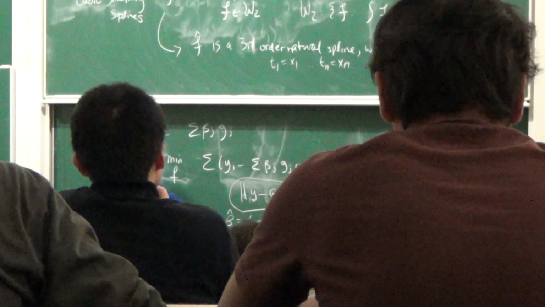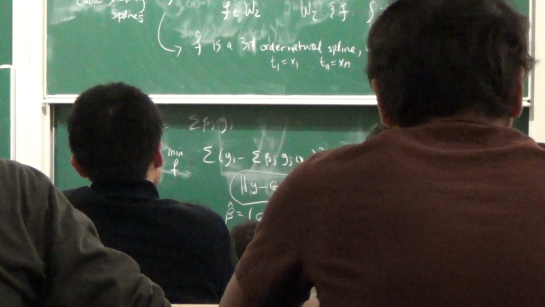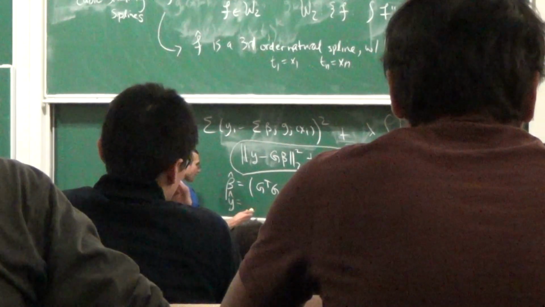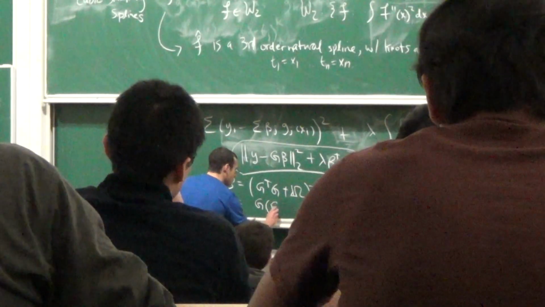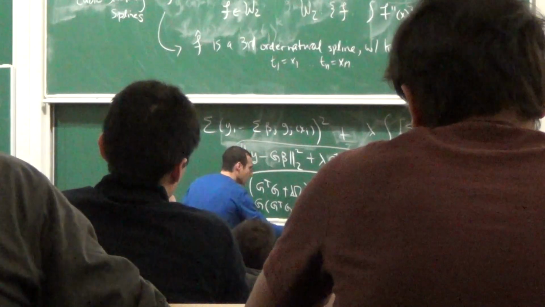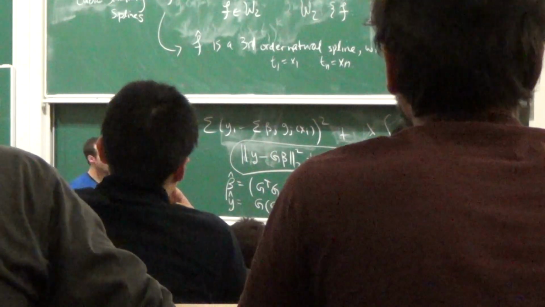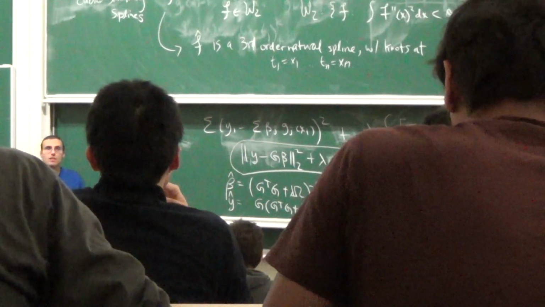So once again, if I ask for the fitted values, y hat, that's just given by G times G transpose G plus lambda omega inverse G transpose y. So it's just a matrix times y. Again, it's a linear smoother.